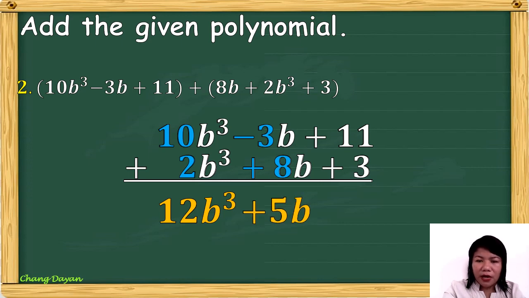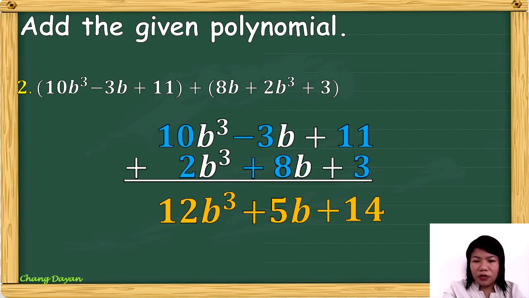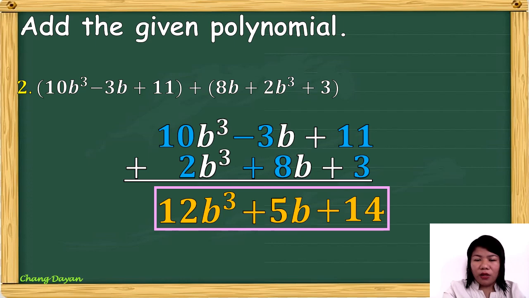Then copy the literal coefficient, which is b. Then 11 plus 3 will get 14. Therefore, 10b cubed minus 3b plus 11 added to 8b plus 2b cubed plus 3 will get the sum of 12b cubed plus 5b plus 14.